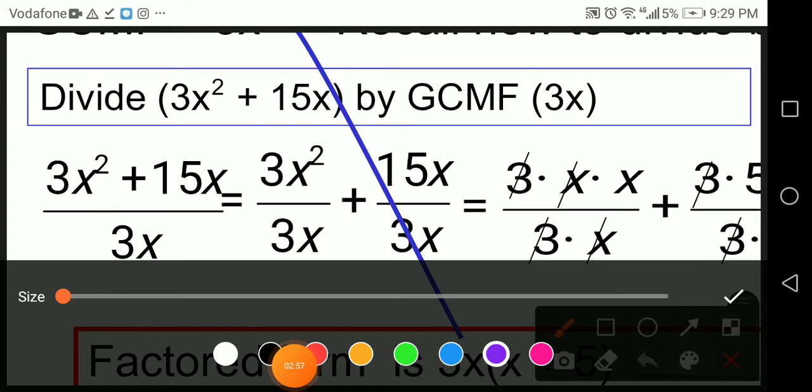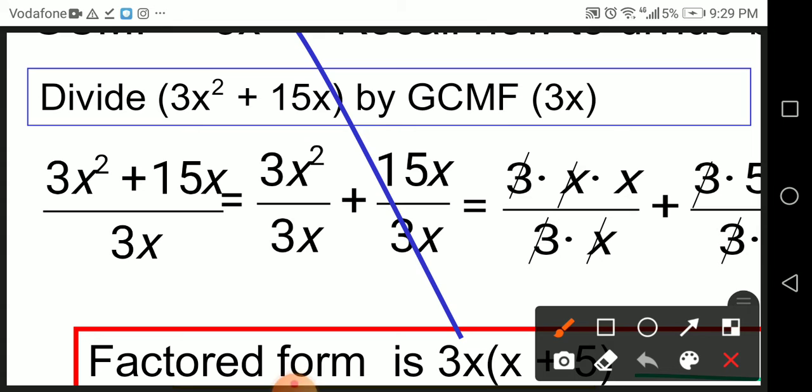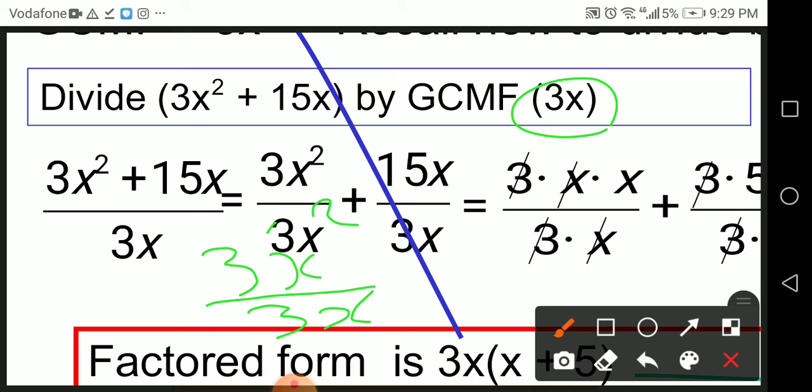I have 3x to the power 2 divided by 3x. 3 divided by 3 gives me 1. X to the power 2 divided by x to the power 1, 2 minus 1 is 1. So the result will be just x. Bravo.